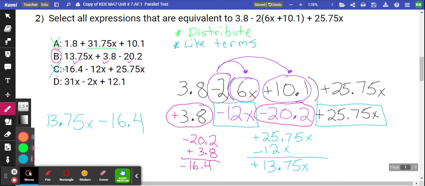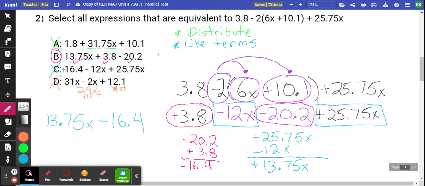And I also check D and I can just look at it and I can see, well, there's 12.1 and we got negative 16.4, so that part's incorrect. And I could check this if I wanted to. 31x minus 2x is 29x. So that's definitely not correct. So D is not a correct answer either.